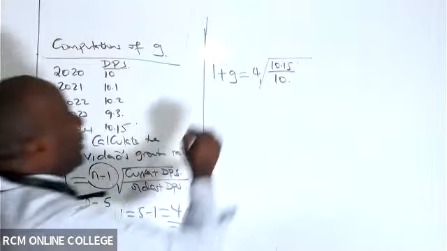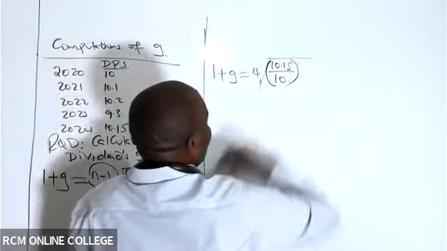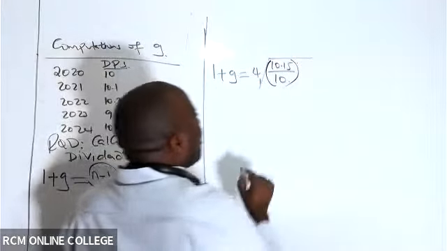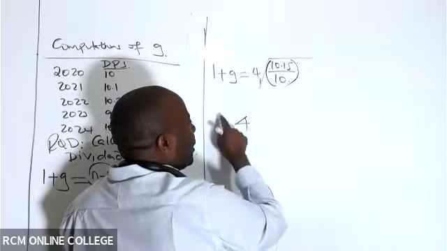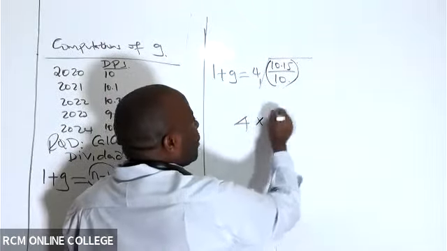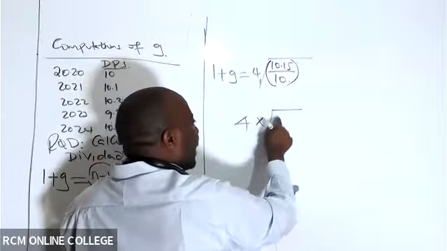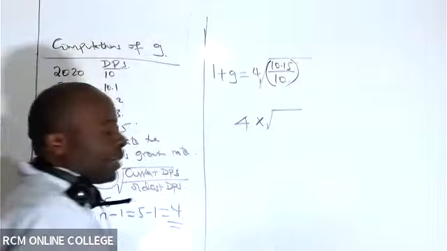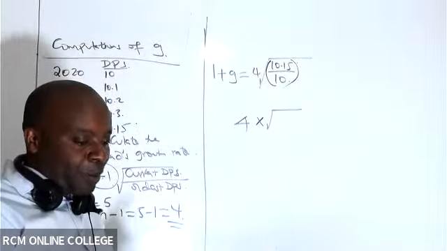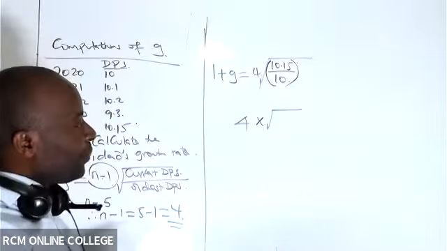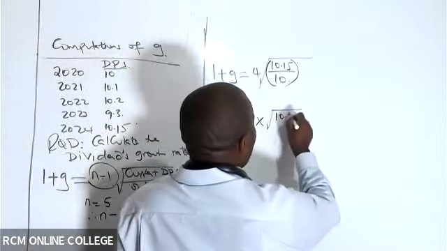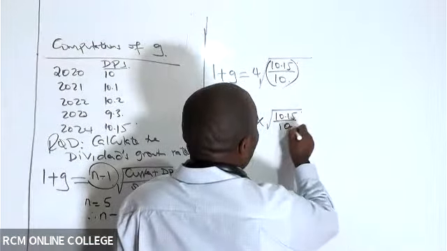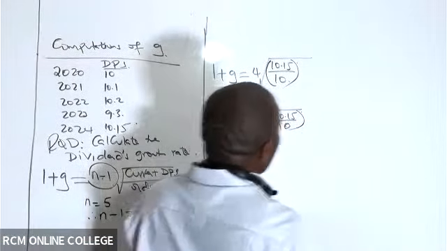So please remember to put this in brackets. And remember, we're not using the normal square root. I will say 4, and then I say shift, so that we get the x root. So 4 x root, then we have 10.15 divided by 10. Ensure you're putting this in brackets.